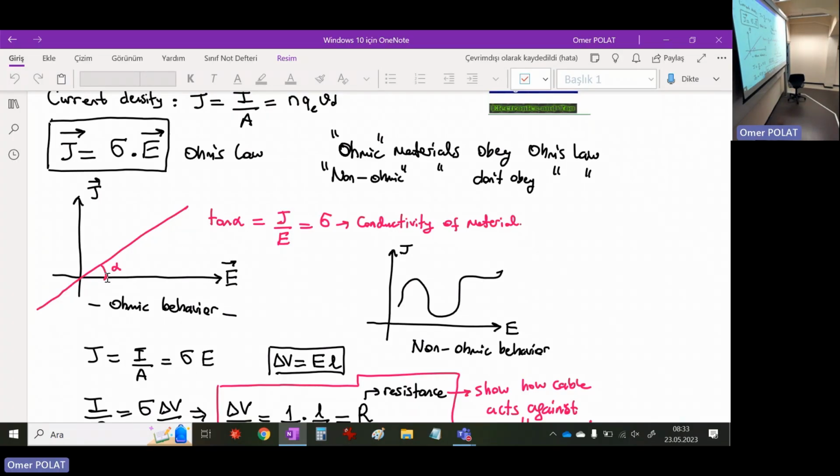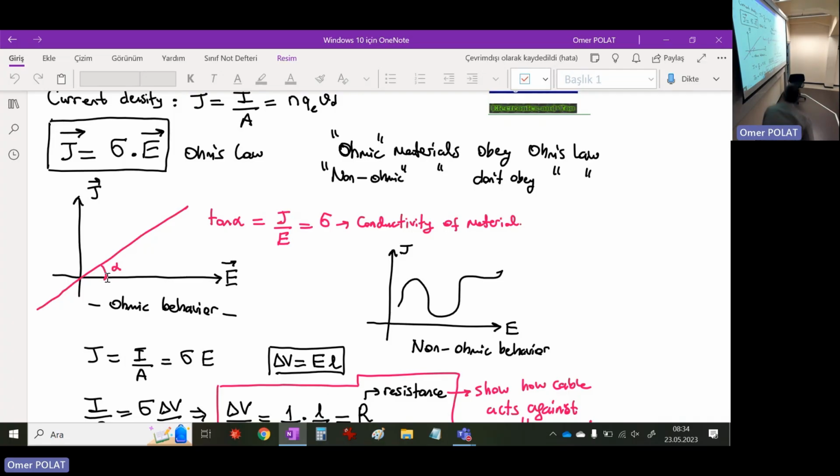But in a non-ohmic behavior, as you see in that curve, current density is not directly proportional. It's proportional to the electric field, but there's a non-linear behavior. Sometimes with the electric field, current is decreasing, sometimes increasing. So it's not always increasing with the electric field. So different cases.